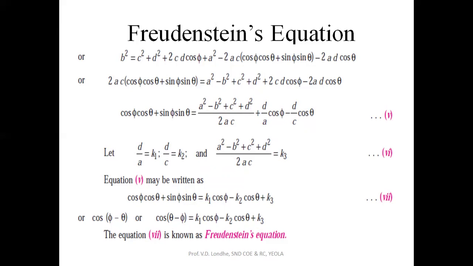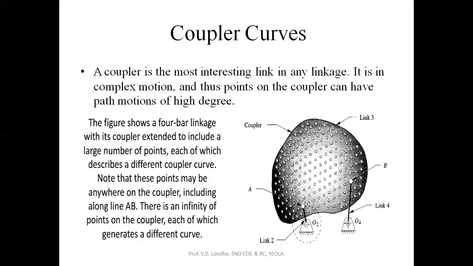As this Freudenstein equation is applicable for the four-bar chain mechanism, now we will see the next concept related to the four-bar chain mechanism, that is the coupler curves. So what are these coupler curves? A coupler curve is the path traced by the points on the coupler link; each and every point on the coupler link traces a coupler curve.